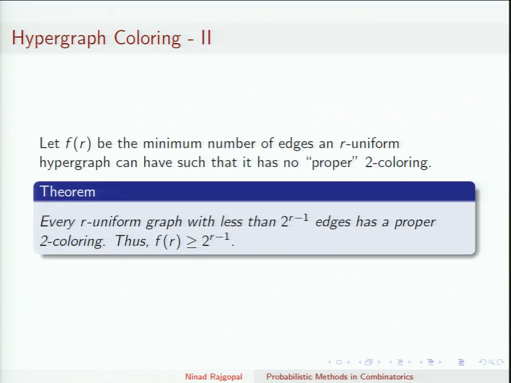Yeah, this is for hypergraphs. No, so at least one vertex has a different color. Yeah, since we are looking at two colorability, at least one vertex has a distinct, different color than the other elements.